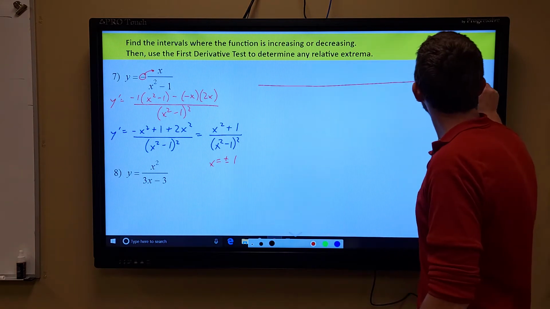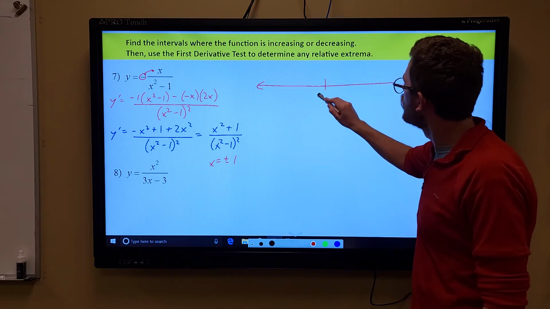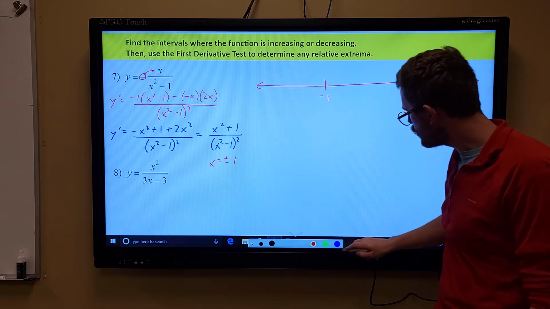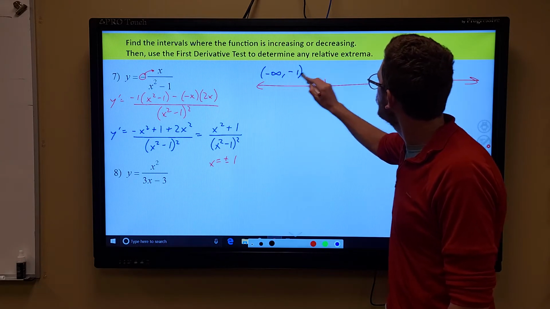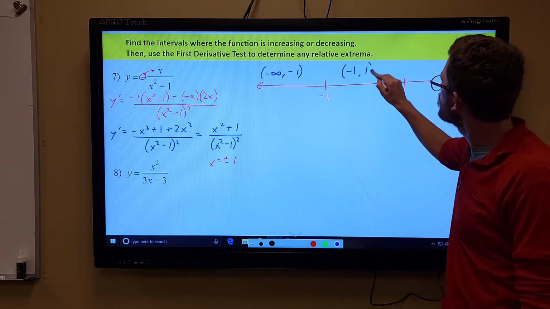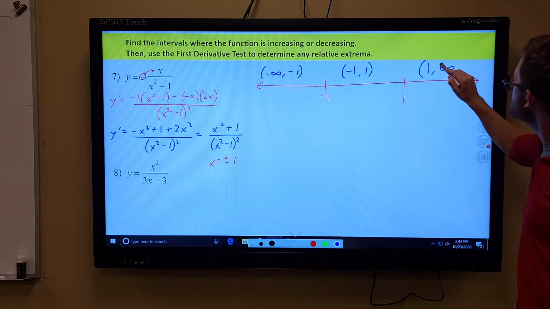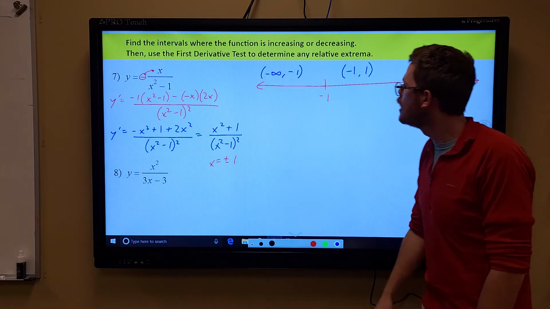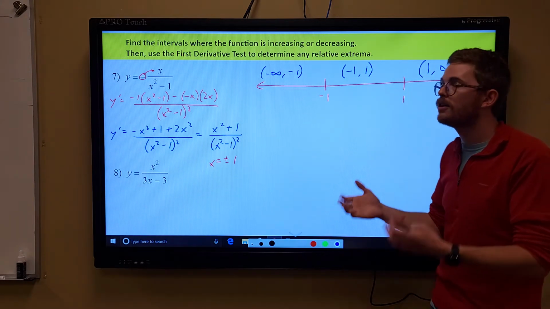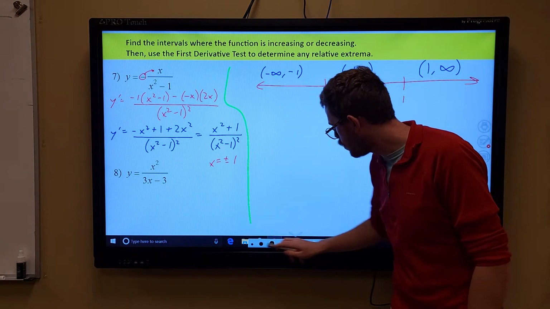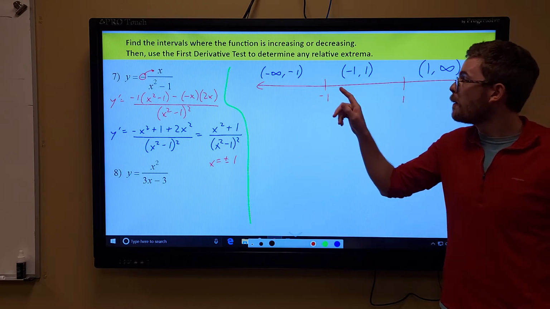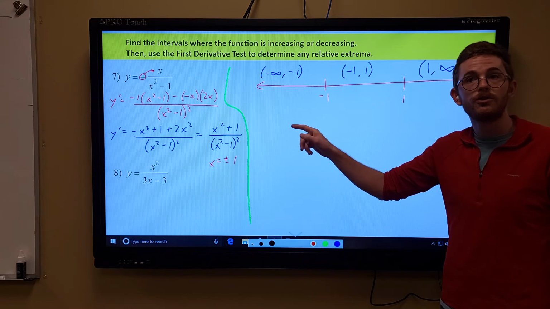I'm going to slap those critical values on my number line, thinking about the intervals to the left, to the right, and in between. And of course, what is going on on those actual intervals? What is my function doing?